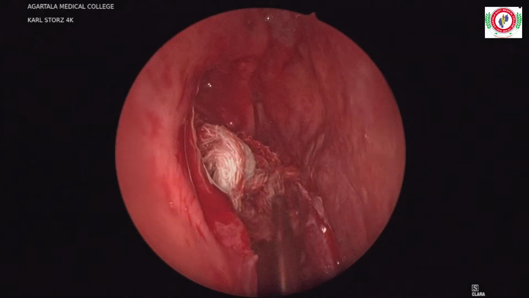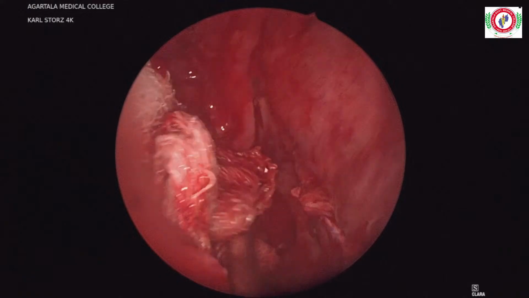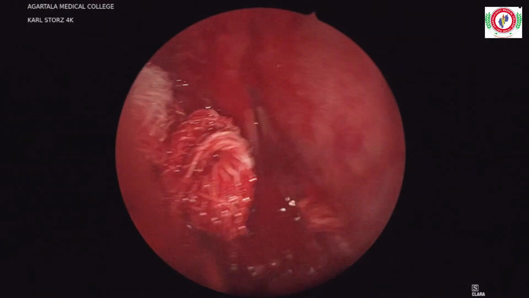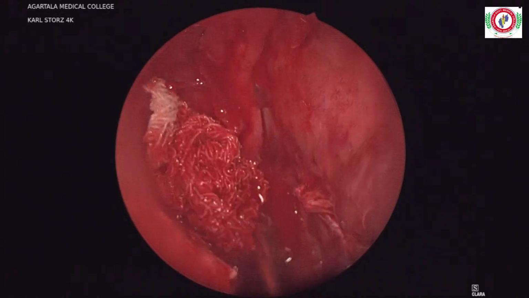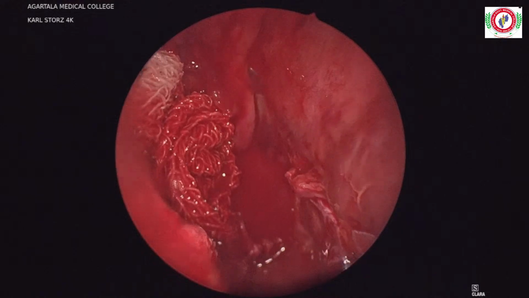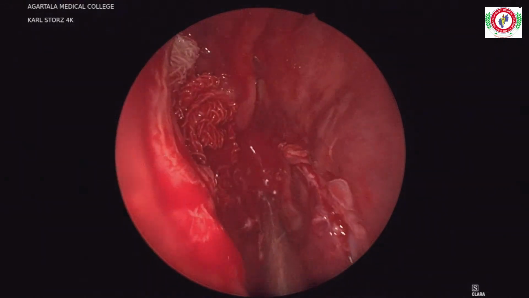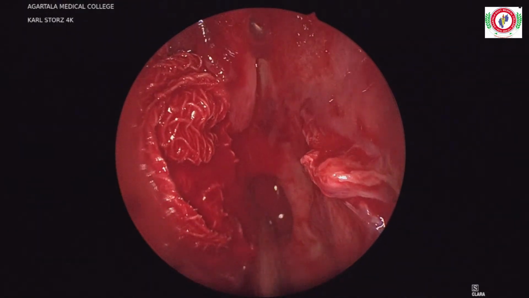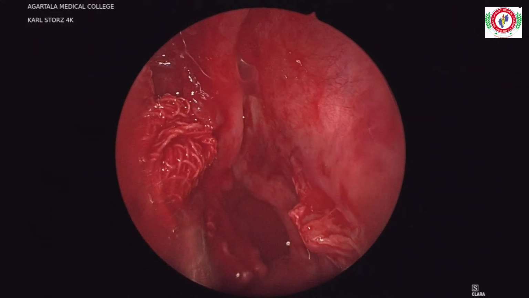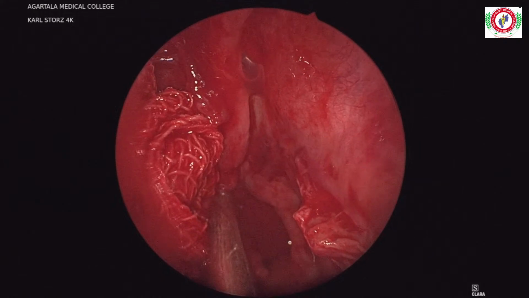So I'll avoid using suction cautery, but in my center I use coagulator or bipolar cautery. Suction cautery causes more mucosal trauma, more burning and charring. It's a monopolar cautery with a broad suction tip.